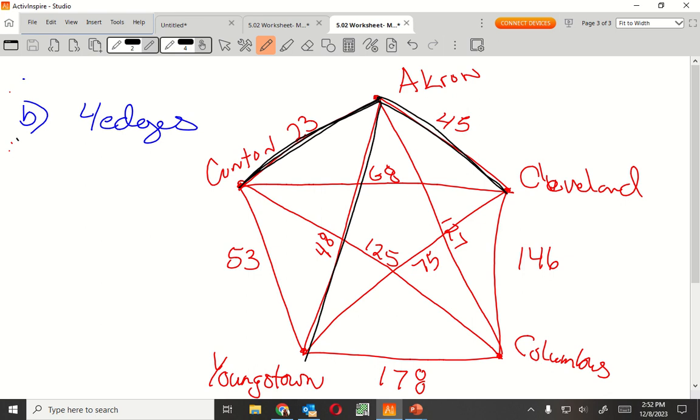And so that's 3. I'm still missing 1, right? I still have to connect Columbus. So it's either 178, 125, 127, or 146. 125, because I only have one more edge to use, and that's the smallest. And that's going to be from Canton down to Columbus.